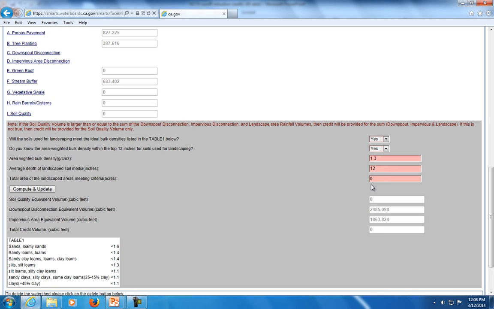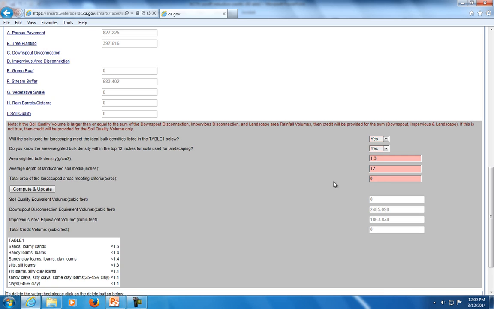You could till things in with one-shot tilling. You don't do repeat tilling because you'll kill the whole idea of soil quality, the soil microbial thing, which folks have maybe heard me talk about before, but the calculator doesn't really get into that. But it does ask you for a depth of how deep in that soil you are going to have this bulk density. So we'll put 12 inches or a foot, which is kind of realistic.